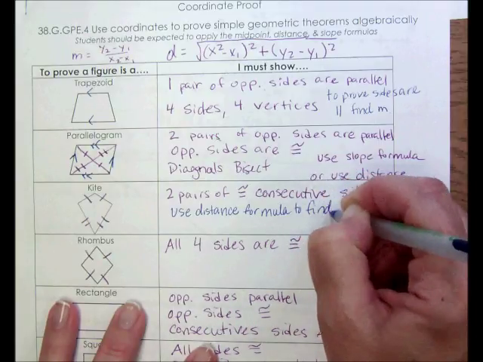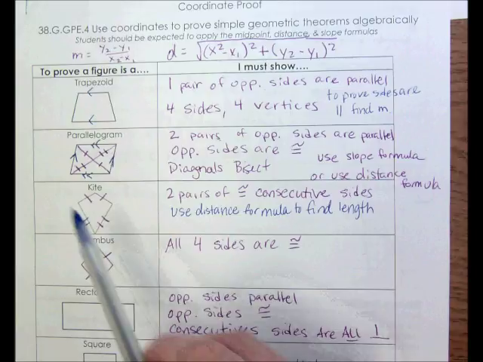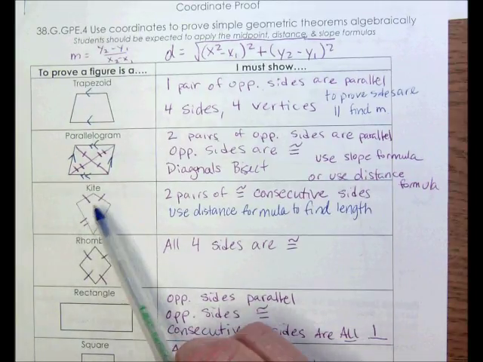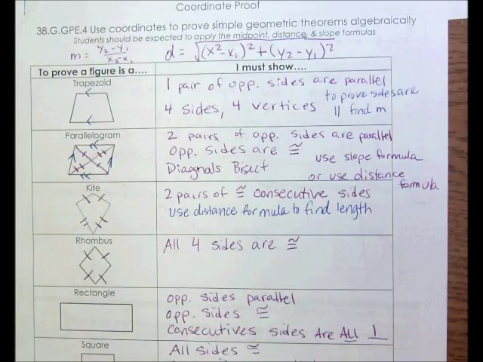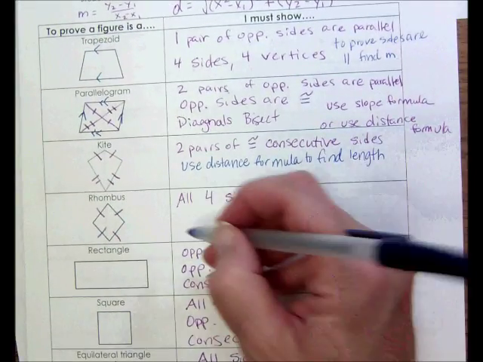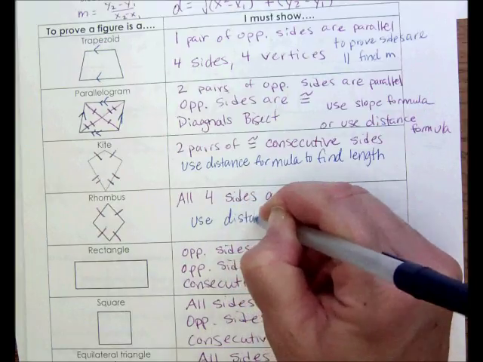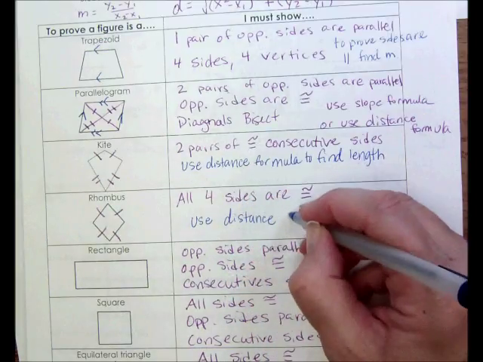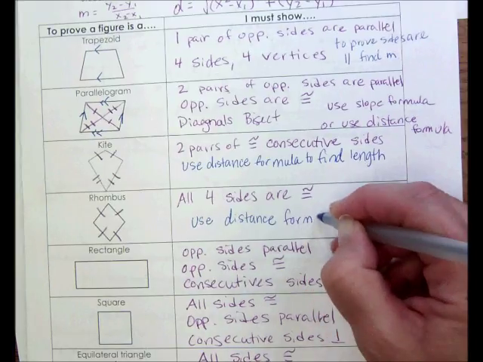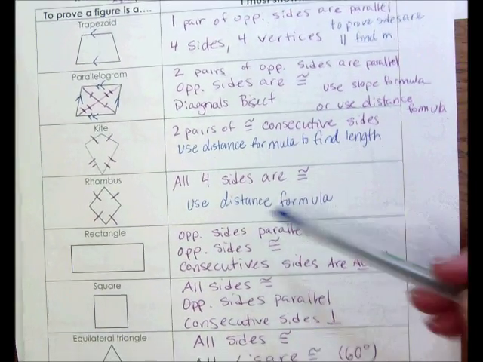And I would have to find the distance of all four sides here, because I would have to say that one side's congruent to the other and then another side is congruent to another side. The next one is a rhombus, and here all four sides are congruent, so to prove that I'm going to have to use the distance formula. So that's why I went over the distance formula up there. Because you use the distance formula to find the length of sides to prove congruency.